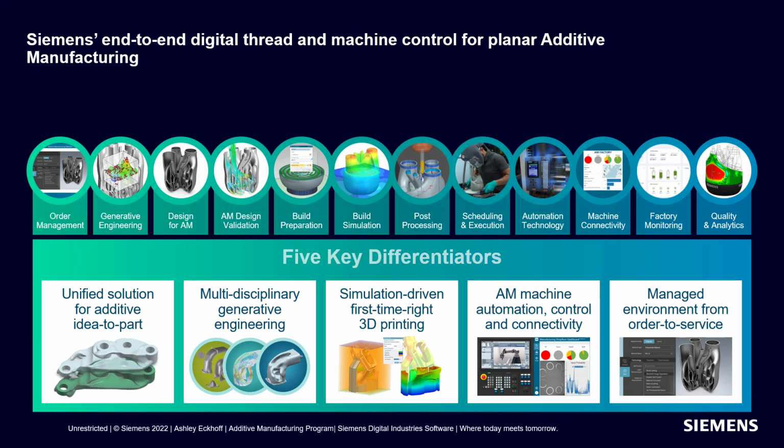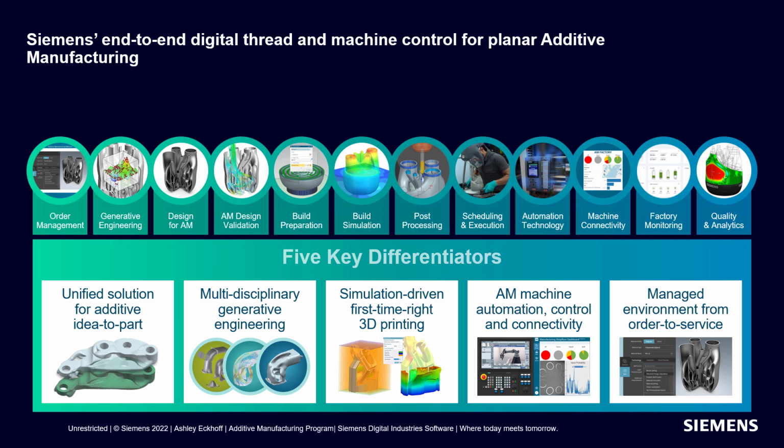Now we've talked about a lot of steps in the printed mold design and manufacturing workflow, but there are other steps in the overall workflow that I didn't touch on today. Things like managing orders that come into your print shop, scheduling the execution of those orders, and monitoring your factory. Siemens also has software products for managing those steps of the end-to-end additive manufacturing workflow.